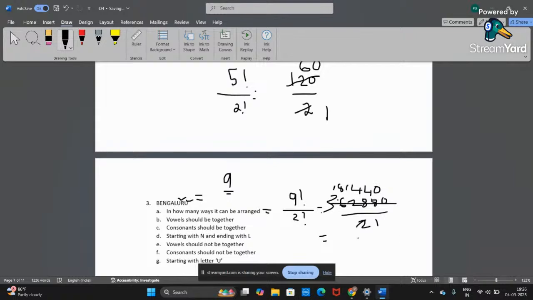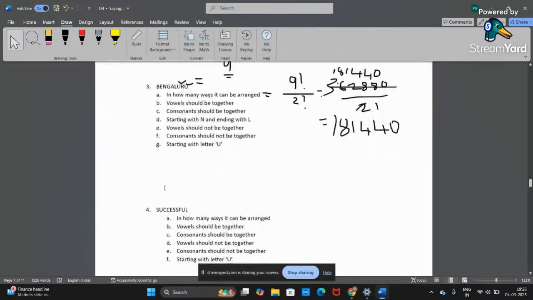The answer is 1,81,440. In 1,81,440 ways we can arrange the word Bengaluru.